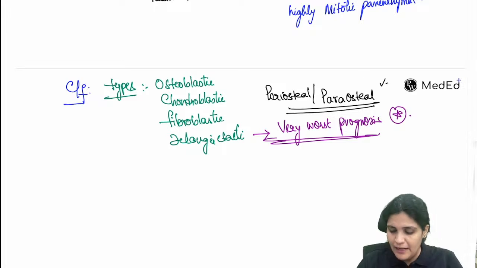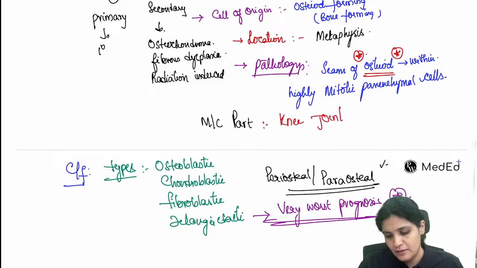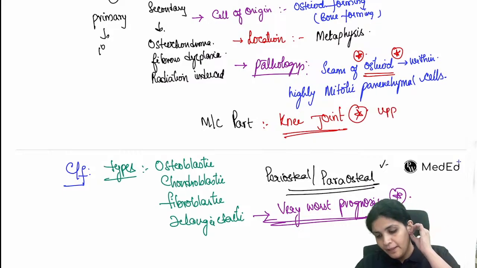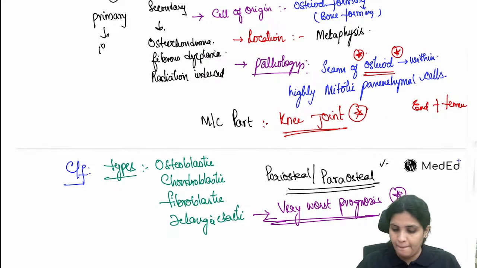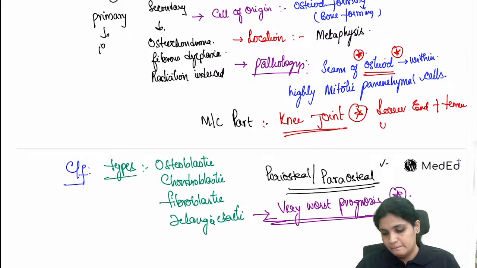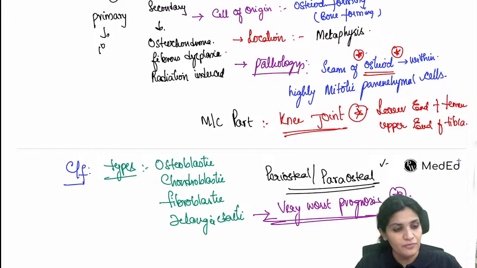And the most common part, again, this is the knee joint. Only seen in the lower end of femur and upper end of tibia, right?